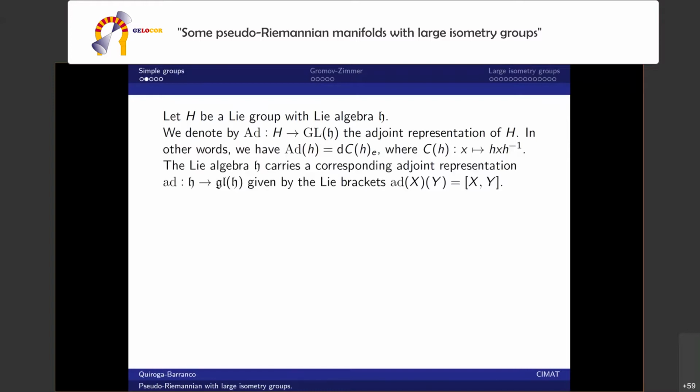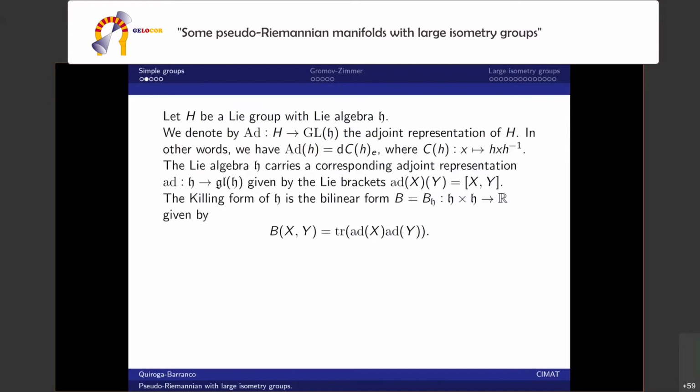This is very algebraic, very simple, and out of that you get a nice object, a symmetric bilinear form on the Lie algebra, the bilinear form associated to the adjoint representation.